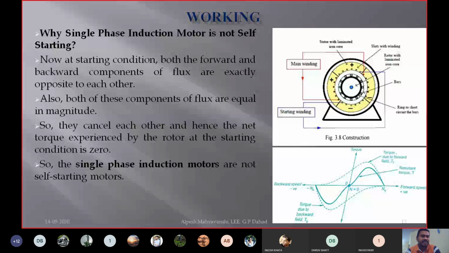That means there is a null effect, as both components nullify each other. So there is no effect of forward or backward torque on the rotor. The resultant or net torque experienced by the rotor at starting is 0.